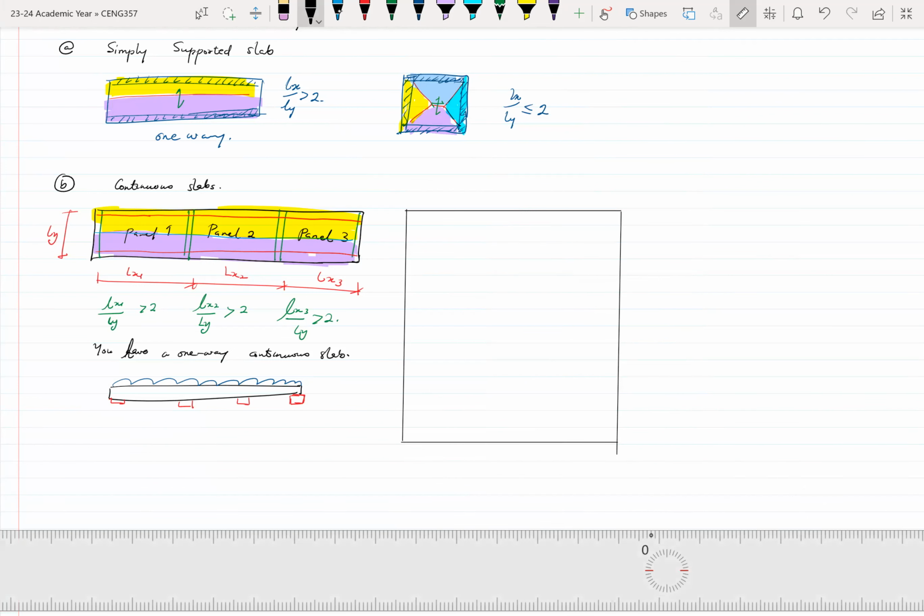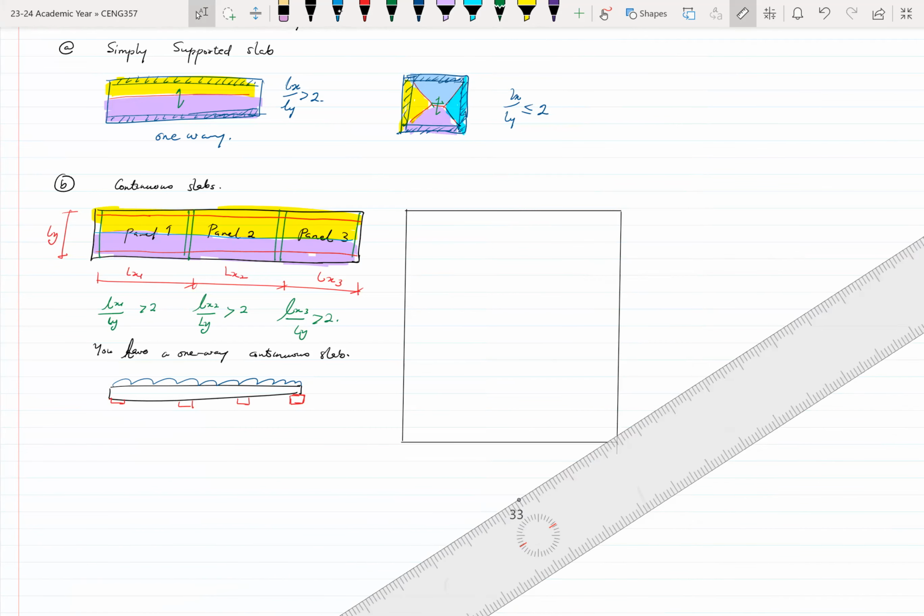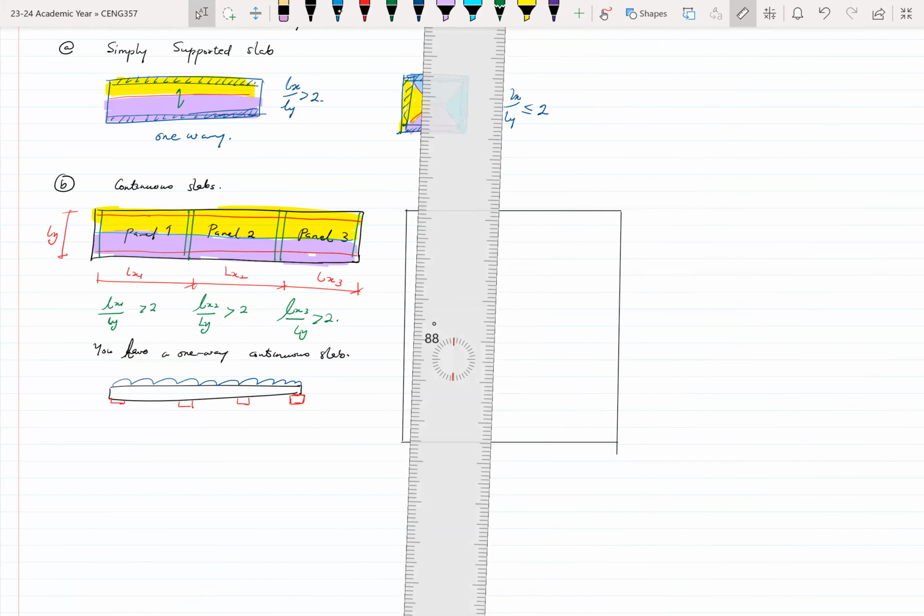Okay. So let's see. All right. So that is like a big slab, and then it has a series of beams.